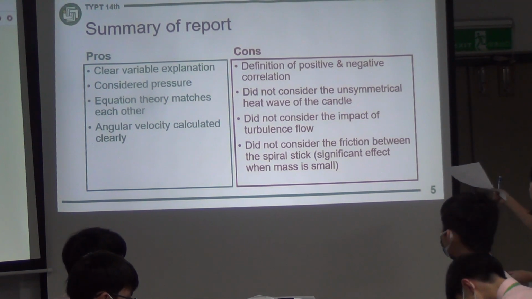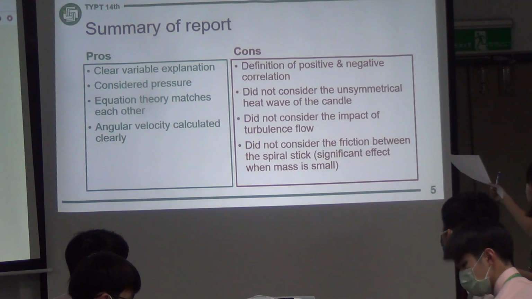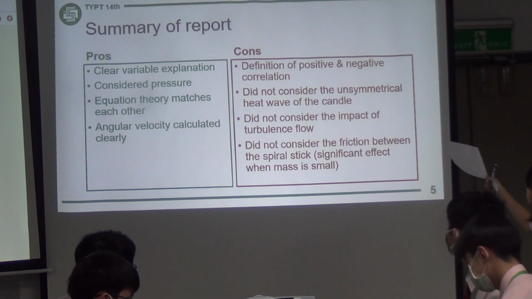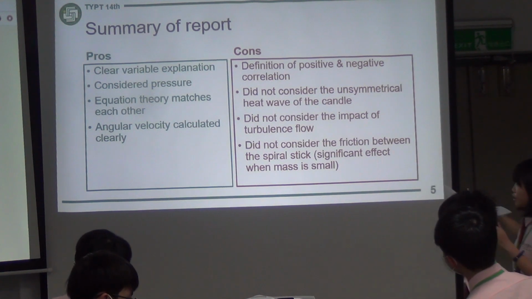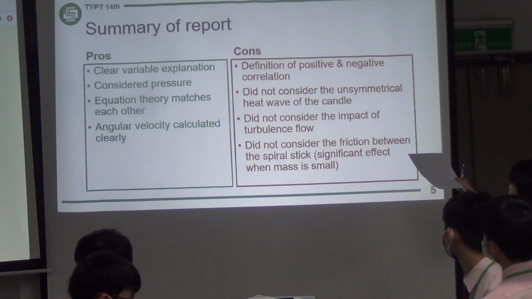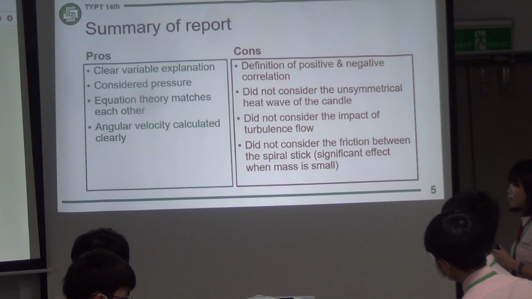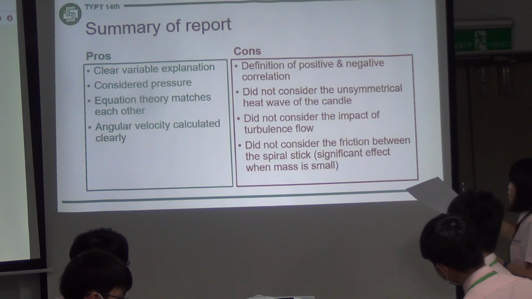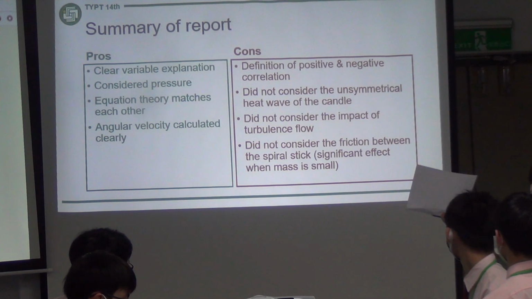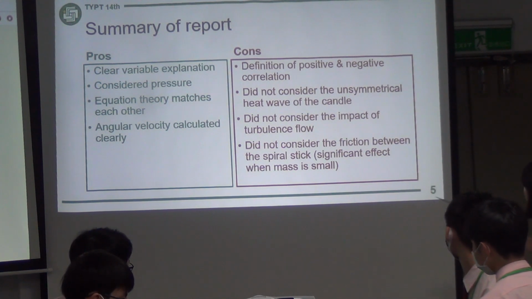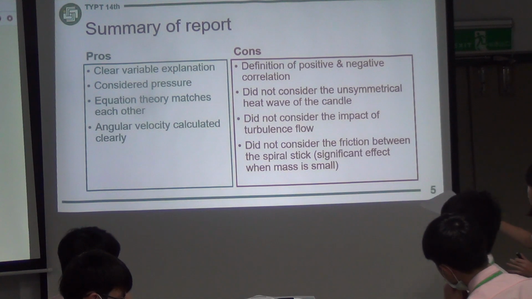For the cons, they did not give clear definitions or explanations of positive and negative correlation. They did not consider the unsymmetrical heat wave of the candle, which can be seen in their setup, and they did not consider the impact of turbulence, which they say is in their setup. They also did not consider the friction between the spiral spin.